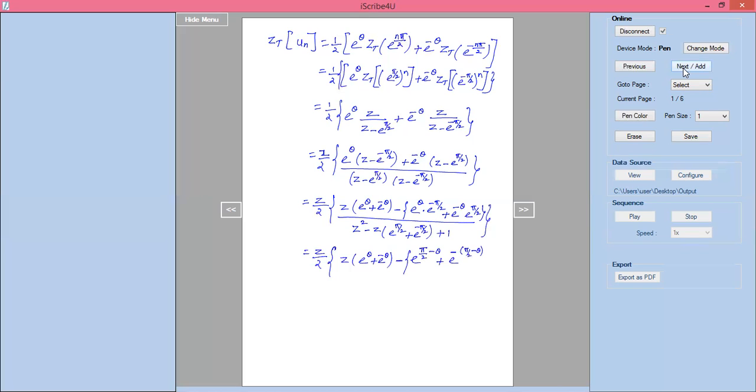We'll simplify this, a power m into a power n. I have written a power m plus n format, divided by z square minus z into e power pi by 2 plus e power minus pi by 2 plus 1. That is the numerator term.